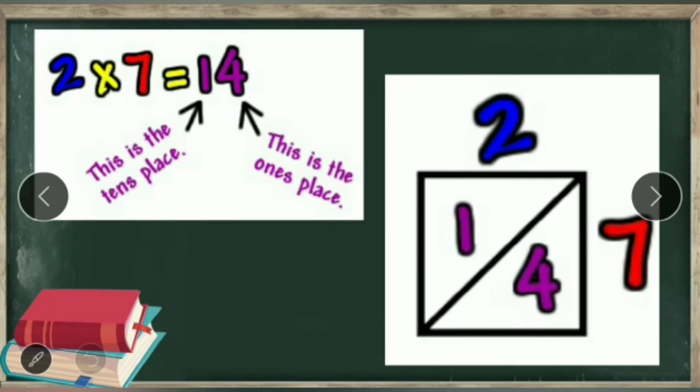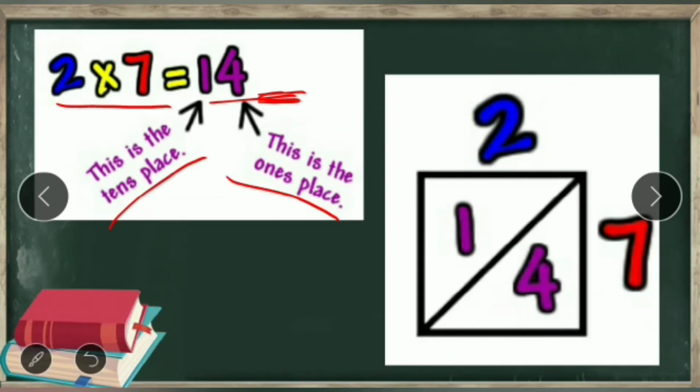We know that 2 into 7 is equal to 14, and in this 14 we have 1 and 4. 4 is at the 1's place and 1 is at the 10's place.